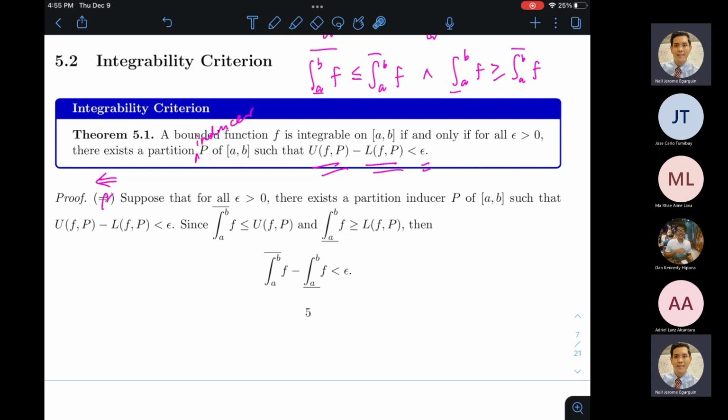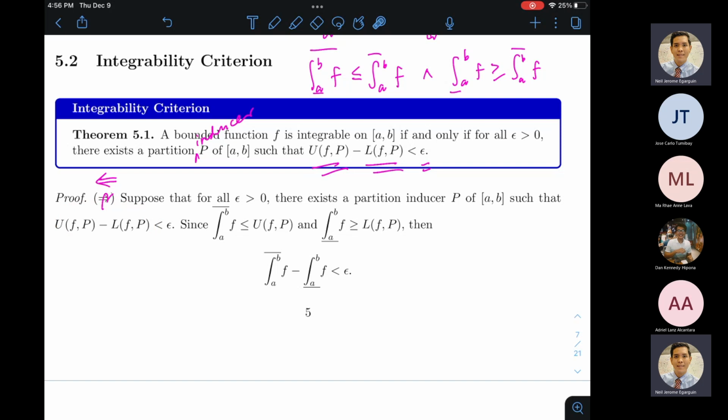And we want to show that f, or the bounded function f, is Riemann integrable. Right? So how was it done? Ginamit yung definition, kasi nga gusto natin ipakita Riemann integrable siya, no? Ang tanging alam lang natin para maging Riemann integrable, upper Riemann integral ay equals to lower Riemann integral. Tapos dun sa assumption, meron tayong upper Riemann sum at saka lower Riemann sum.